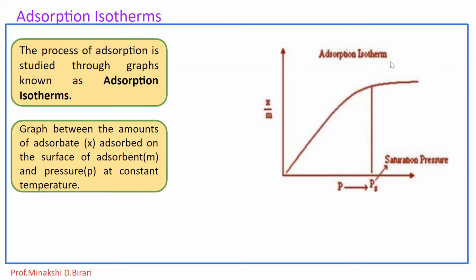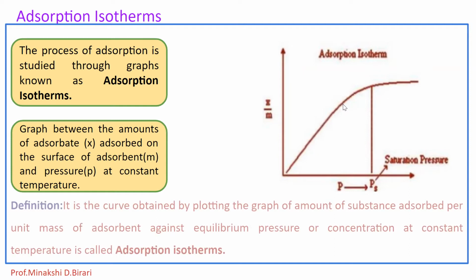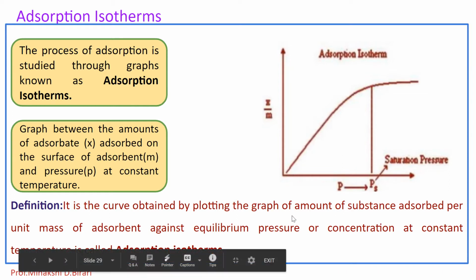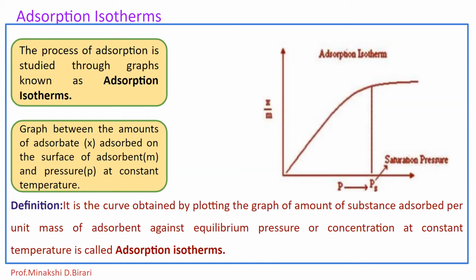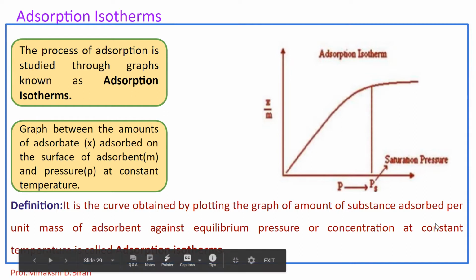It is the curve obtained by plotting the amount of substance adsorbed per unit mass of adsorbent against equilibrium pressure or concentration at constant temperature. The relation between the amount of substance adsorbed by the adsorbent and equilibrium pressure or concentration at constant temperature is called the adsorption isotherm.